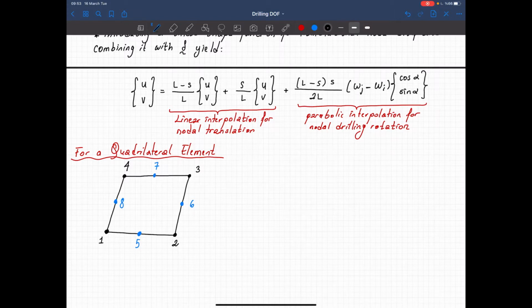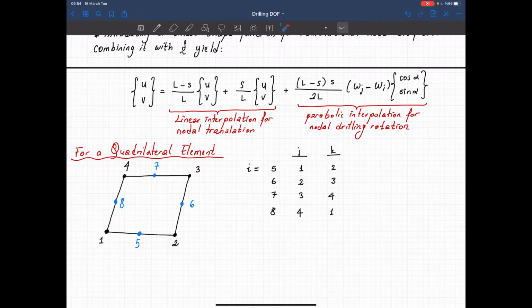So I will use the following notation. For i equal to 5, 6, 7 and 8, I have a j parameter and k parameter. j will be equal to 1, 2, 3 and 4, and k will be equal to 2, 3, 4 and 1.